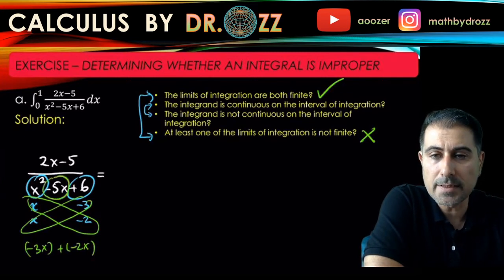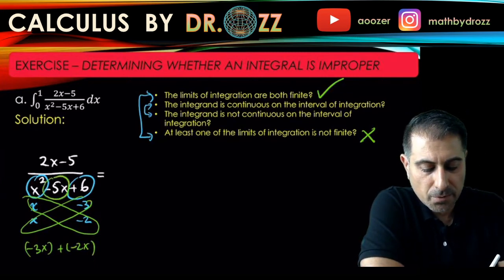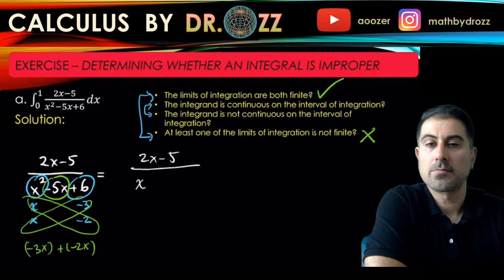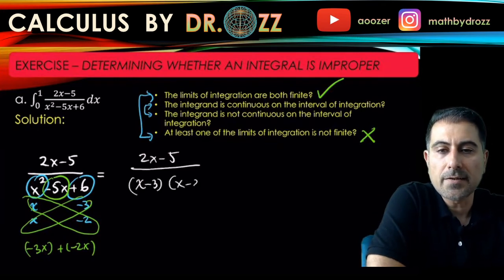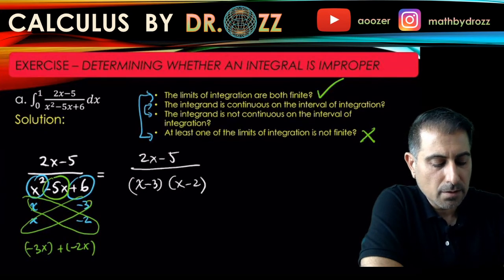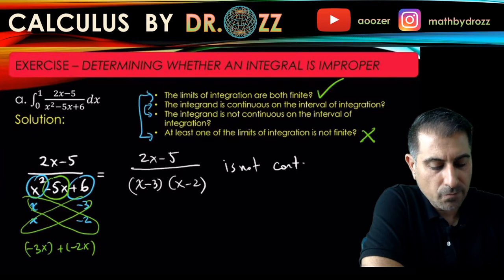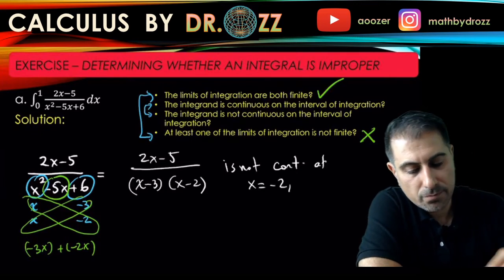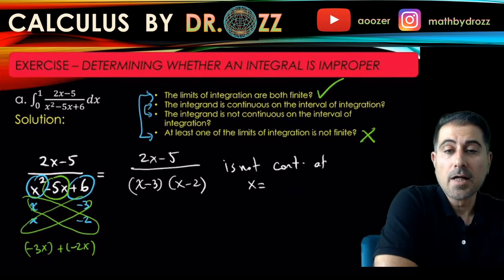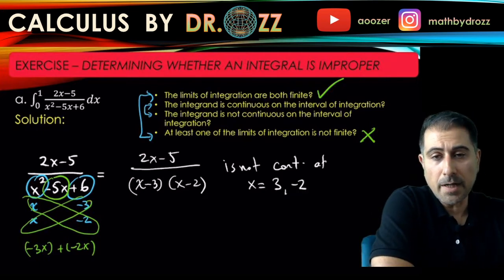Okay, so this tells me that the correct factorization for the bottom is x minus 3 times x minus 2. This tells me that this function itself is not continuous at both 3 and 2, because these numbers make the bottom 0, not the top, but the bottom.